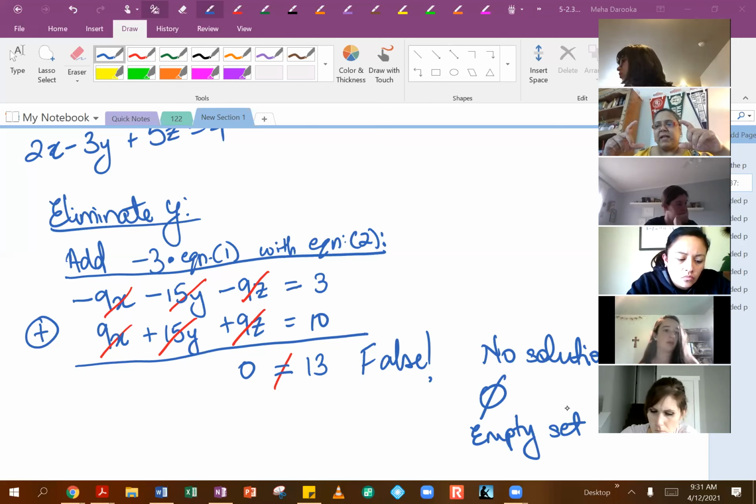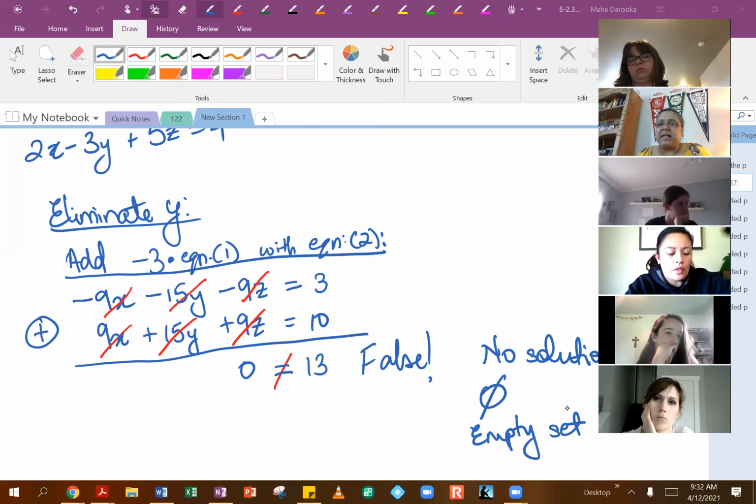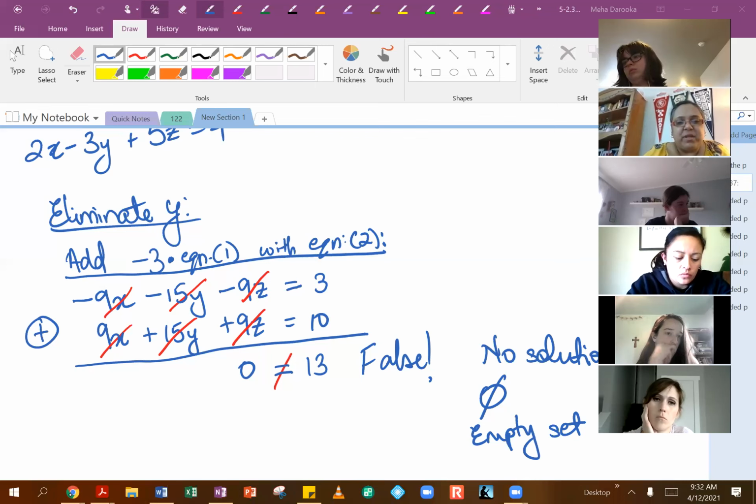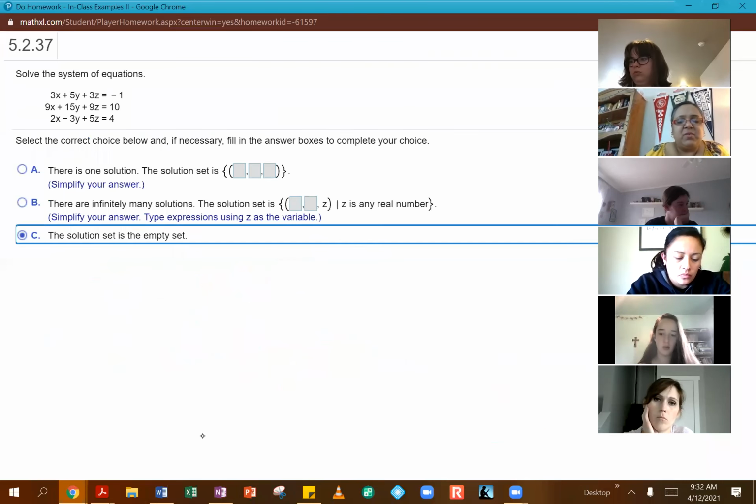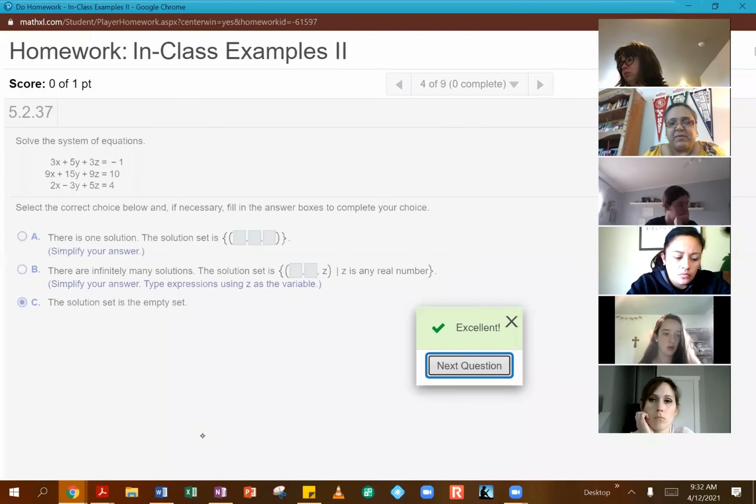And remember how we had talked about taking a system which has 3 equations with 3 variables and reducing it down to a system with just 2 equations with 2 variables? So that's what would have happened if you had that one single point of intersection. So this is actually how we know that we have an empty set, because you got that false statement when you tried to simplify it.